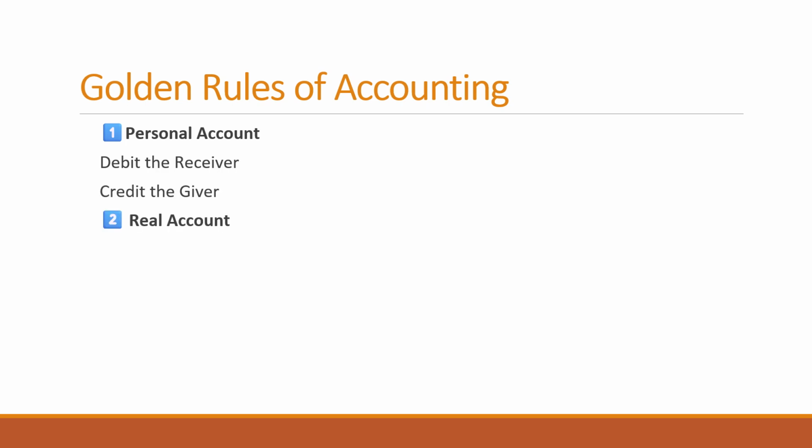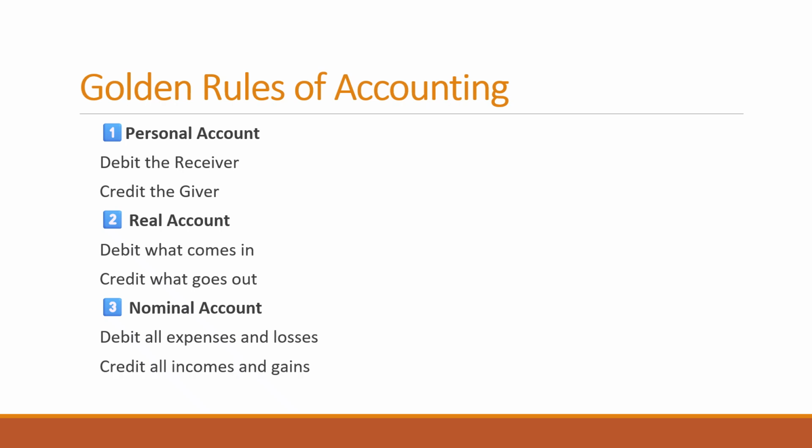Next, real accounts: debit what comes in, credit what goes out. Nominal account: debit expenses and losses, credit incomes and gains.